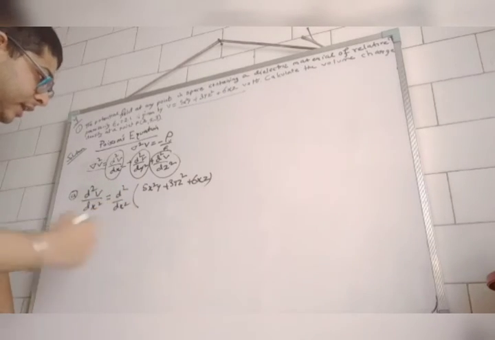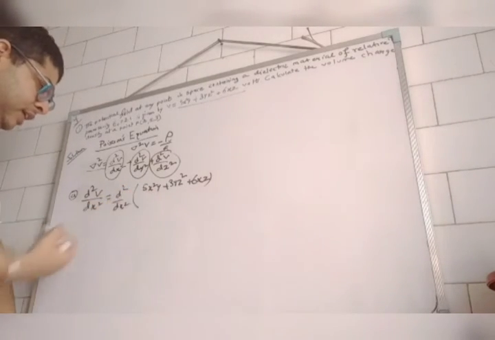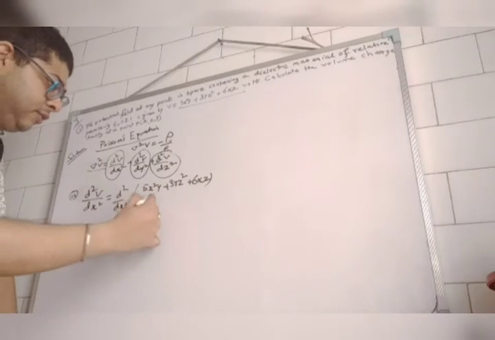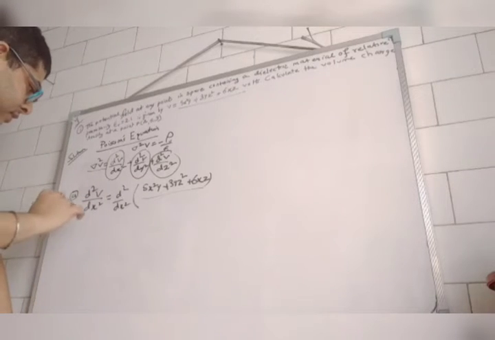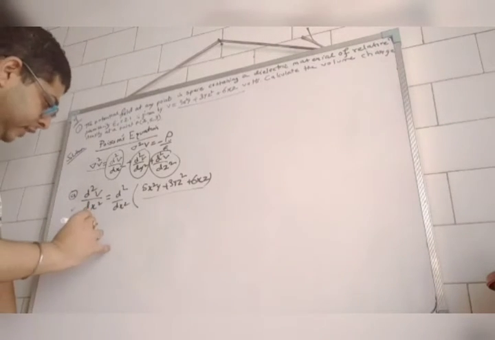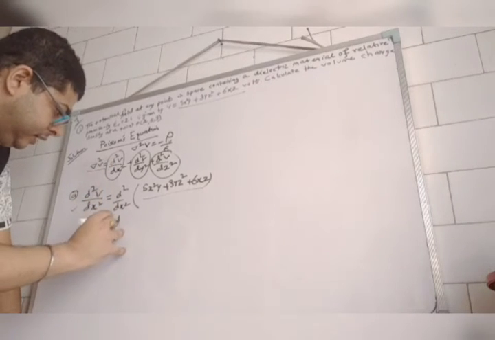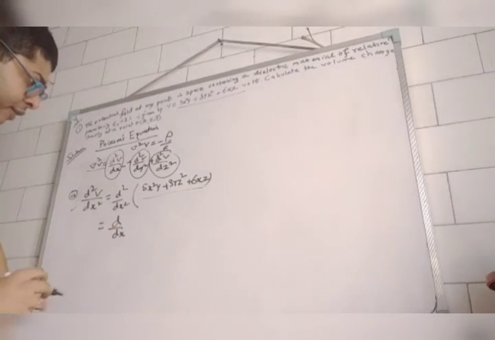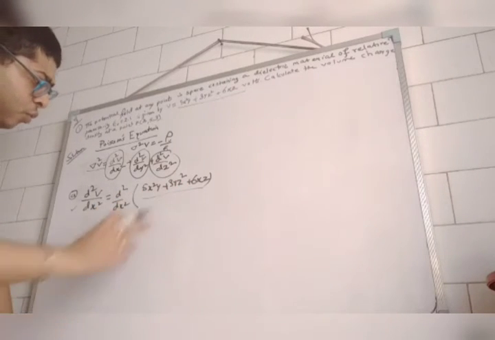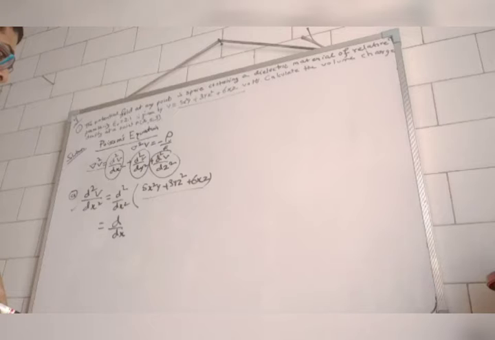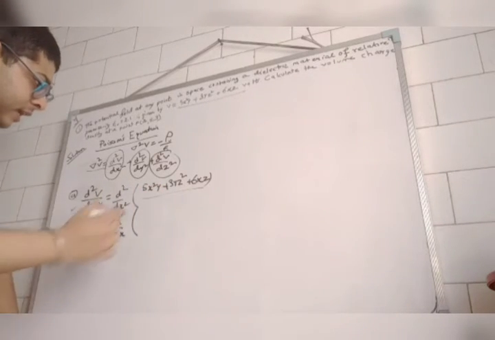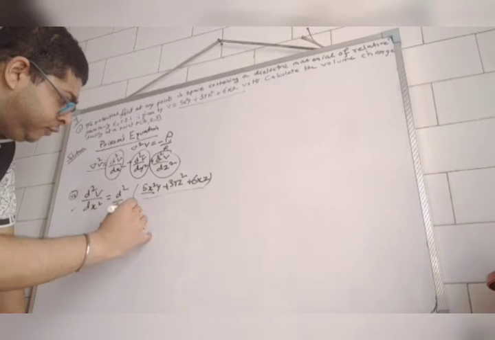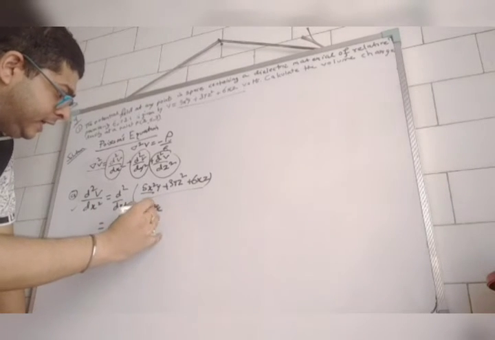If you take the double derivative of this function with respect to x, let us first differentiate it. If I differentiate for the first time, this will be 5 into 2xy.